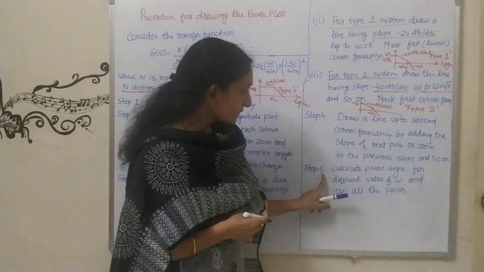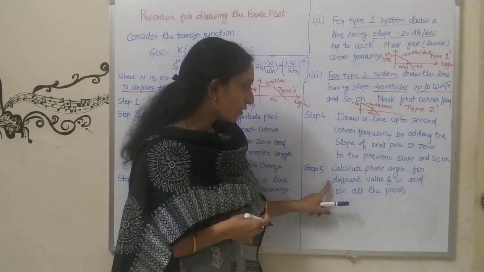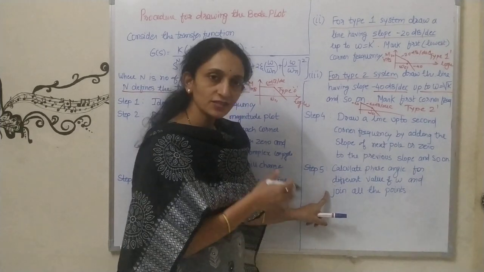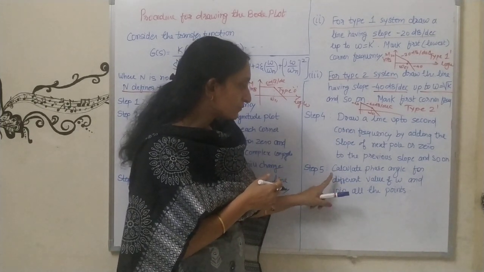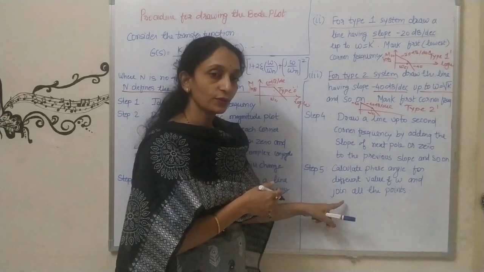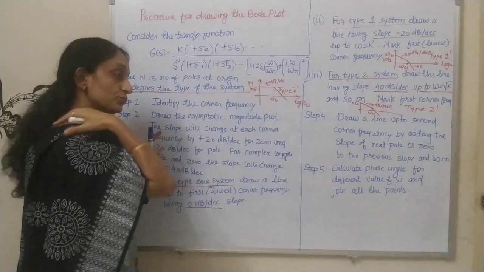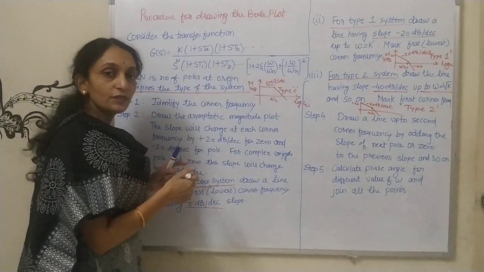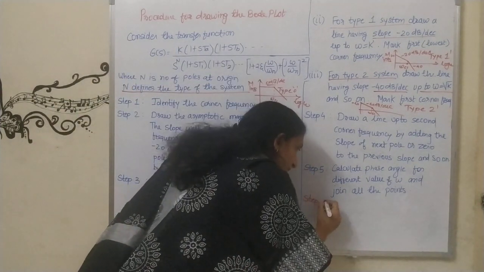Then see step 5, that is the last step. Calculate phase angle for different values of omega. This is the procedure for the phase plot. Calculate the phase angle for different values of omega and join all the points. So you know how to draw the phase plot on the semi-log paper. The last step I have not written here, but I will write step 6.